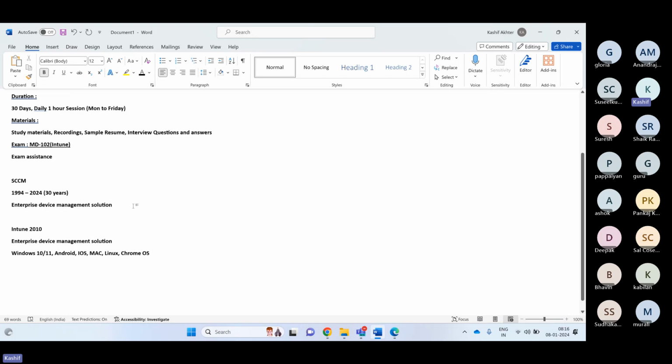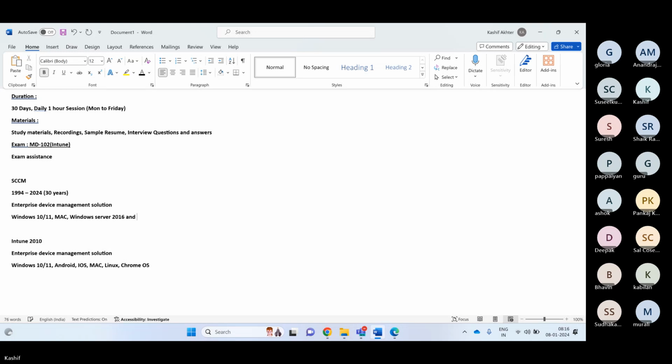However, from SCCM, you can manage Windows 10, 11, Mac, and Windows Server 2016, 2019, 2022. So from SCCM, you can manage only Windows 10, 11, Mac, and Windows Server 2016, 19, and 2022.